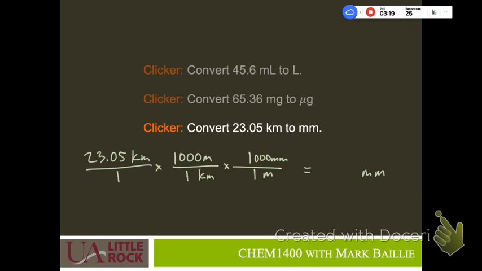And so you said it was 1,000,000 millimeters over 1 kilometer, which is true. 1,000 times 1,000 is 1,000,000. So basically we're saying that this is 23.05 times 10 to the 6th millimeters, because we have 10 to the 3rd, 10 to the 3rd. Kilometers cancel, meters cancel. Is that right? Is that our answer?